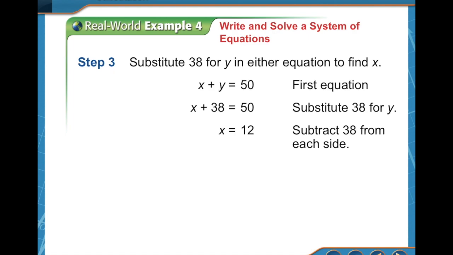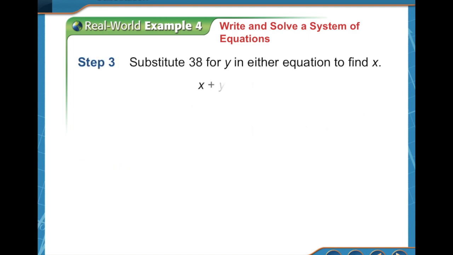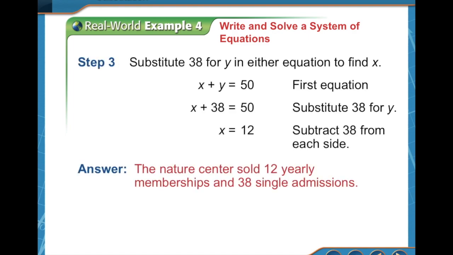So 12 and 38. You can write that as an ordered pair. And it's useful to think about what that means in terms of the context for this real world scenario. So the Nature Center sold then 12 yearly passes and 38 single admissions.